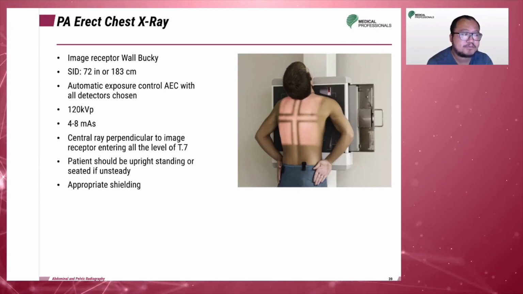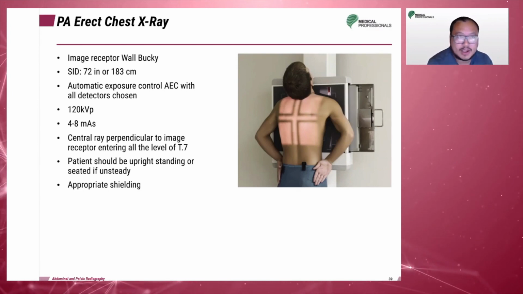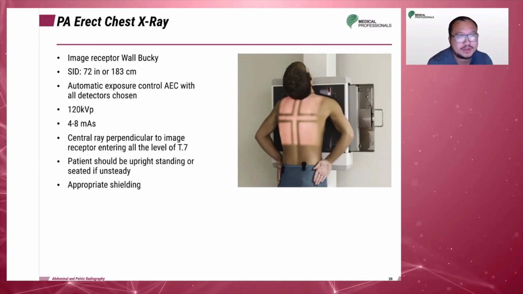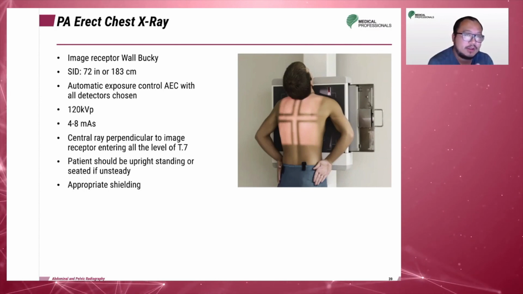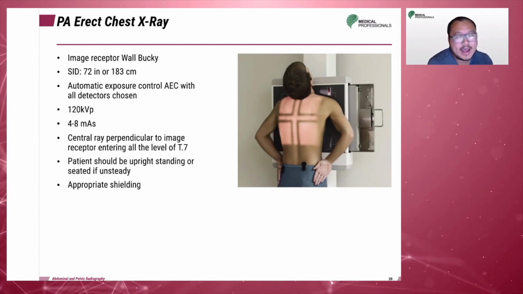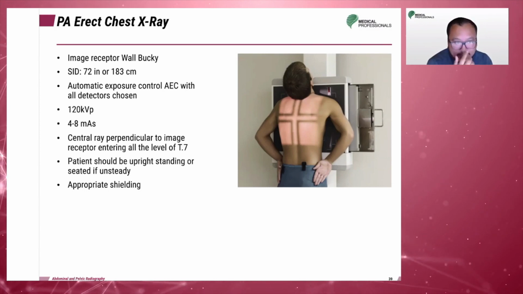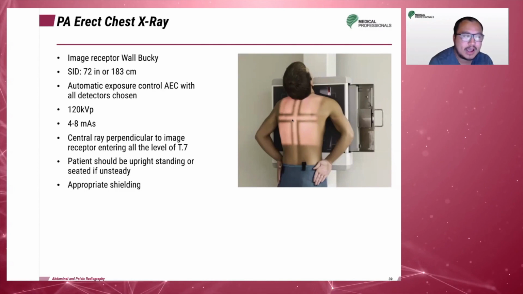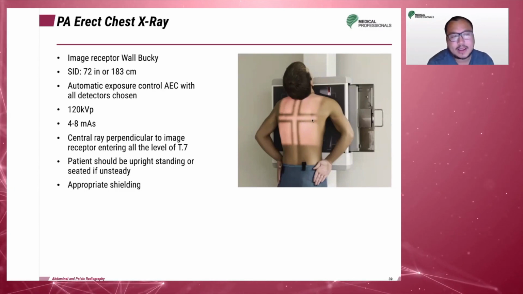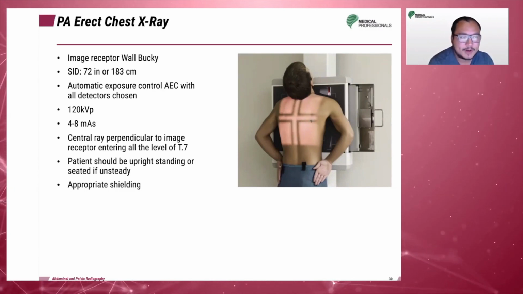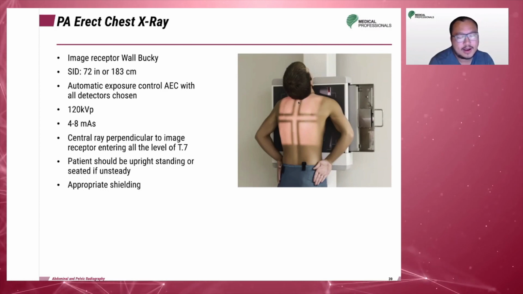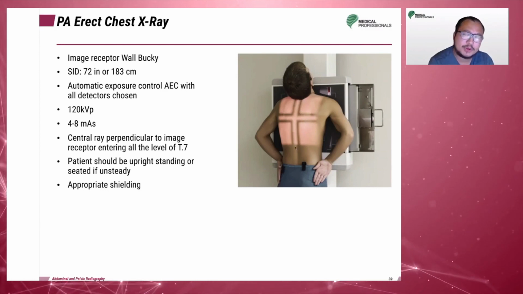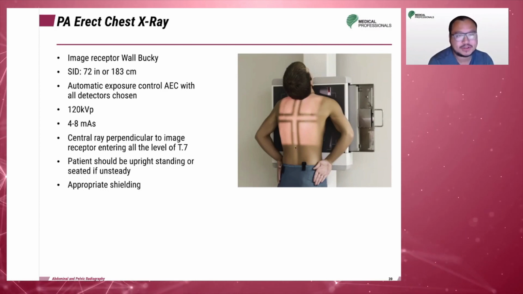Now the central ray, this is our bread and butter. We should know this like the back of our hand. The central ray is placed at the level of T7, okay? That is where our crosshair will be aligned to, okay? So it'll be aligned mid-sagittally, right? And at the level of T7. How we teach this normally, we try to say, mid-sagittal plane, usually the spine is a good mid-sagittal structure.